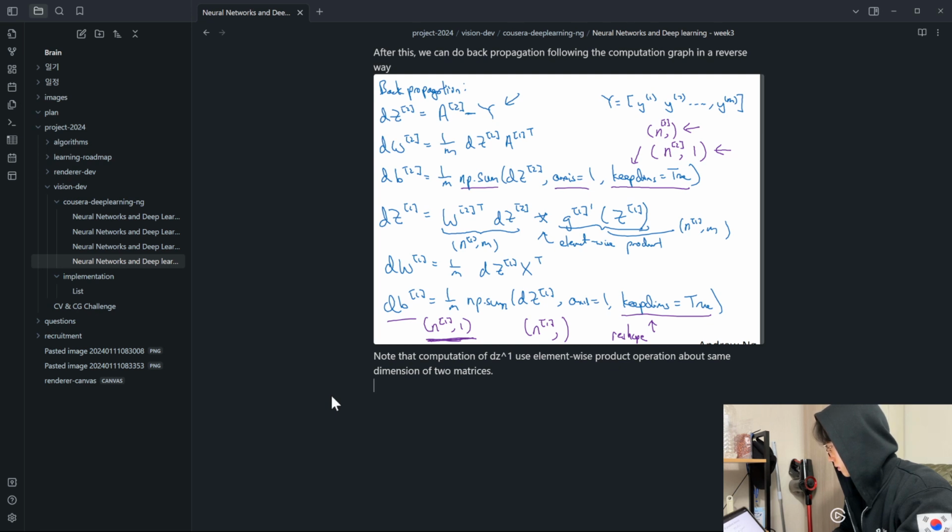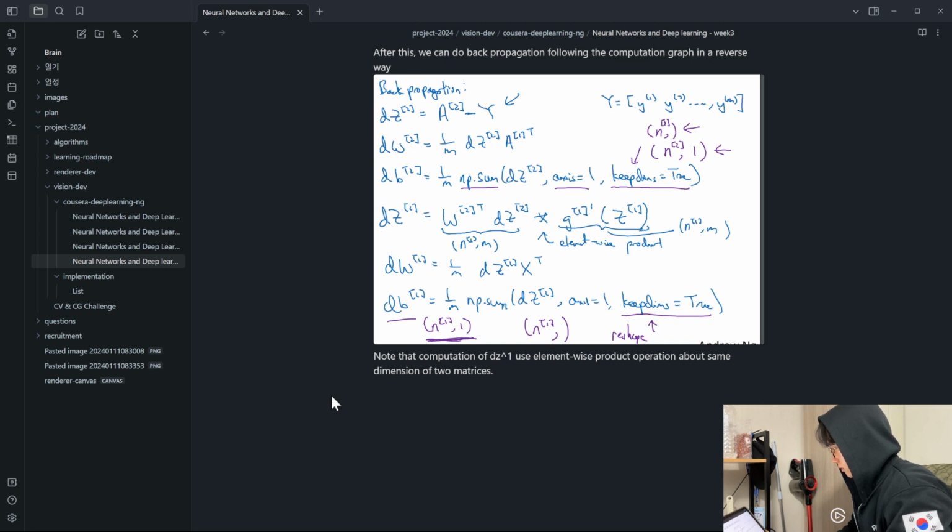There is this extra 1 over m because the cost function J is 1 over m of the sum from i equals 1 through m of the losses. And so when computing derivatives, we have that extra 1 over m term, just as we did when we were computing the weight updates for logistic regression. And then that's the update you get for db2. Again, a sum of the dz's with a 1 over m.